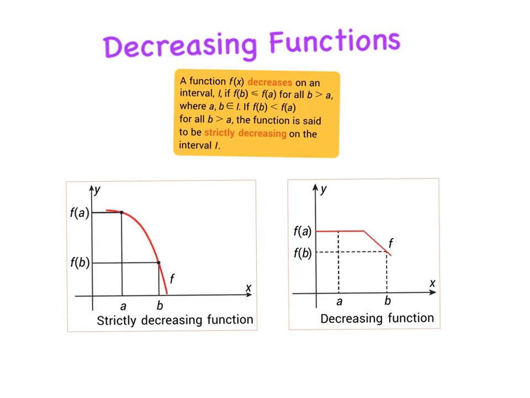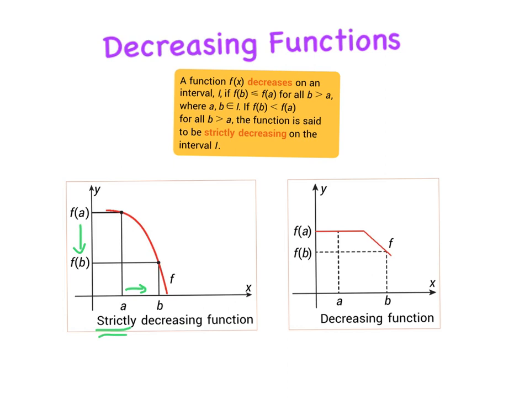Okay, so here we have decreasing functions, again similarly to our increasing one. When it's on a curve, we can see as the x values increase, our y values are constantly decreasing. So that's why it's a strictly decreasing function.